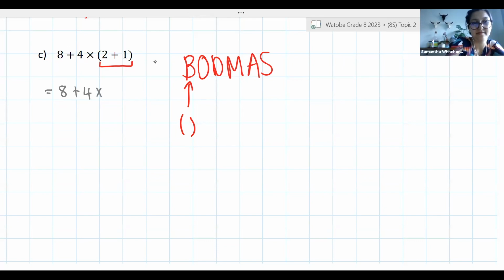And then we calculate 2 plus 1, which is 3. So we put a 3 there. Excellent. And then it's equals to, we do times. So we leave the 8. We write 8 there. Plus, and then 4 times 3 is 16. Double check your multiplication there. What's 4 times 3?